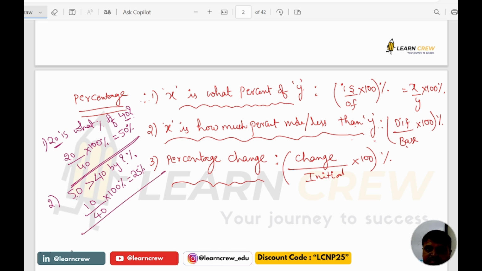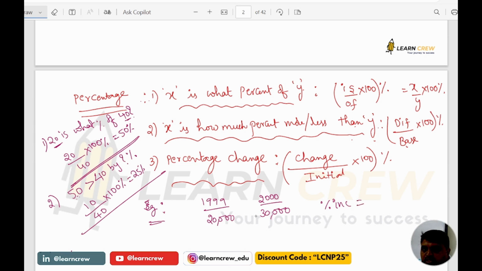Now the third one, an example for percentage change. In 1999 the population is 20,000 in a village, and in the year 2000 the population is 30,000. Now what is the percentage increase?